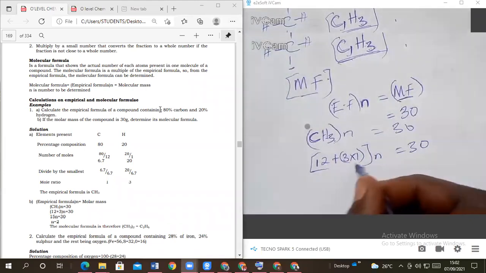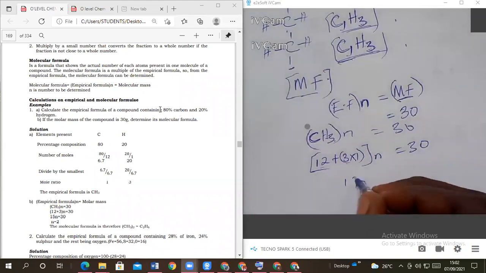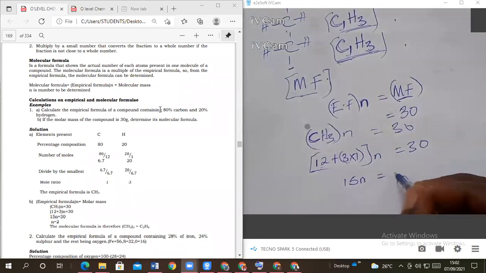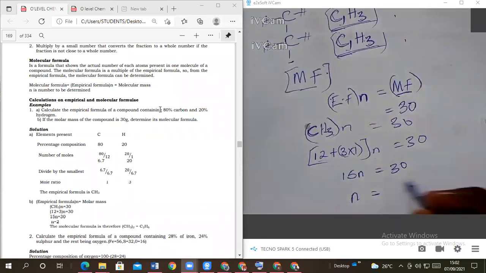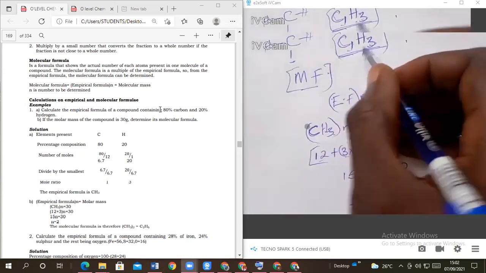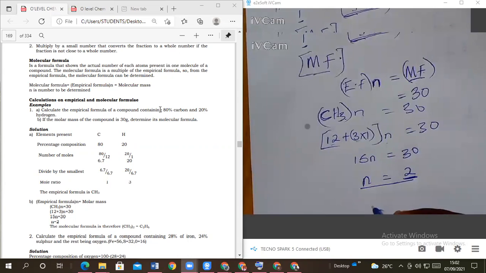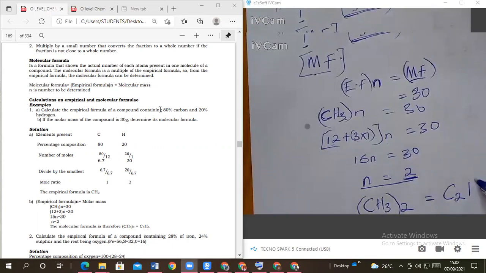So this one is going to be 15. 15N is equal to 30, so N is 2. So this number times the empirical formula is going to give us the molecular formula of that substance. We shall get CH3 times 2, which is the same as C2H6.